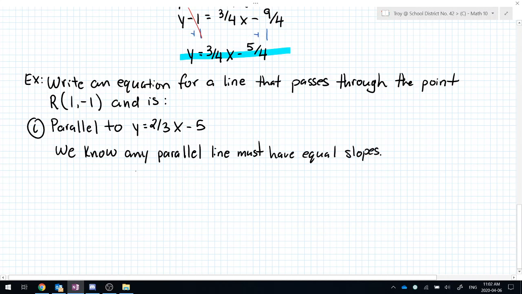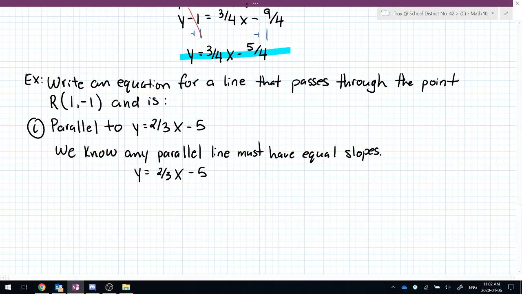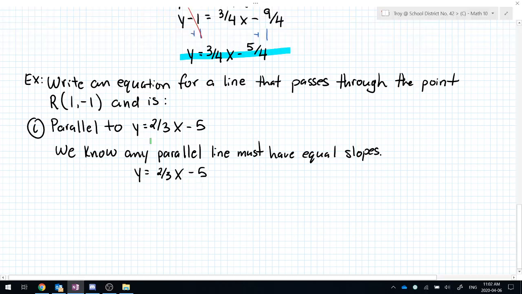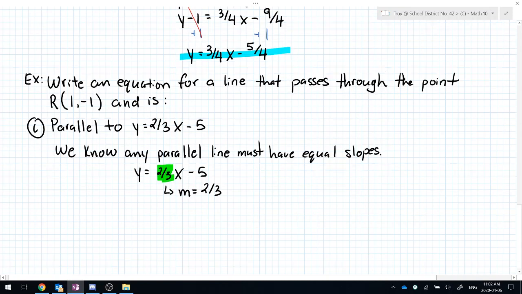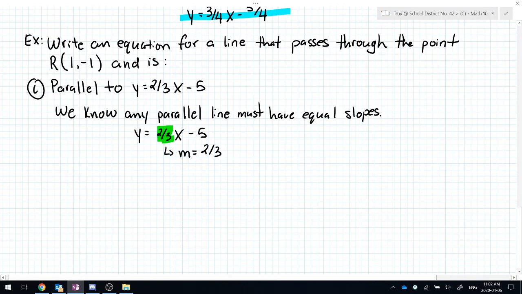So the slope of this line, 2/3 x minus 5, well, we know our slope is going to be 2/3, right? That's our m value there. So we know the line that we're trying to make is going to have the same slope.